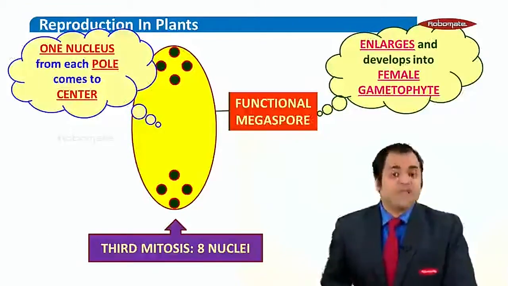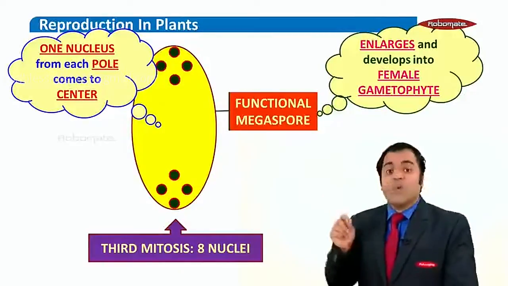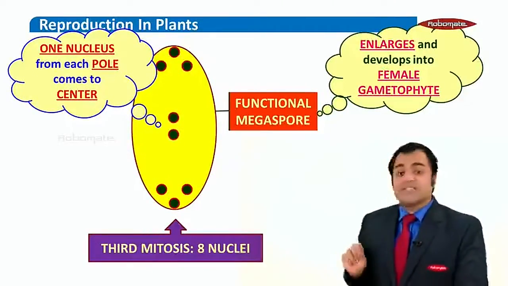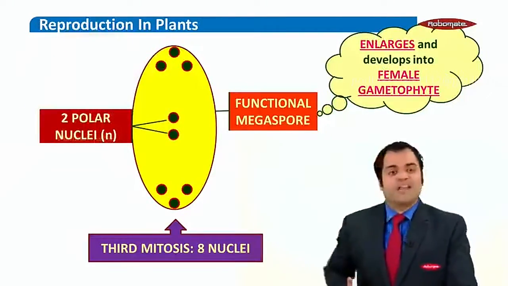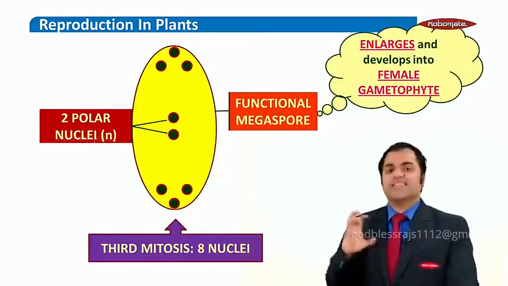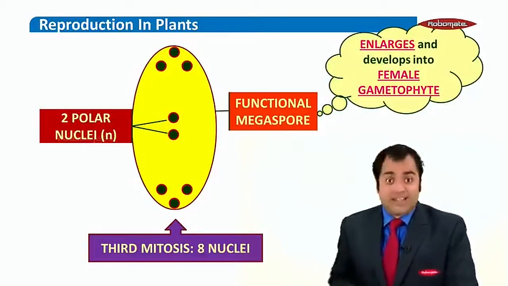So in this module, remember that the 2 nuclei from each pole will also come to the center, right? And when they come to the center, they will end up forming the 2 polar nuclei. So what you have here finally is an 8 nucleated structure. Now let us see how this will turn into 7 cells, right?